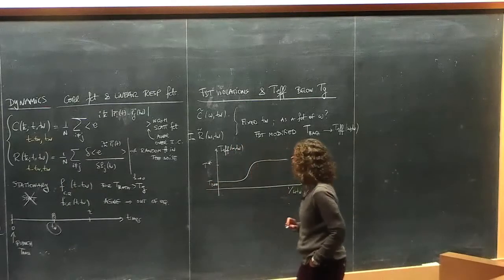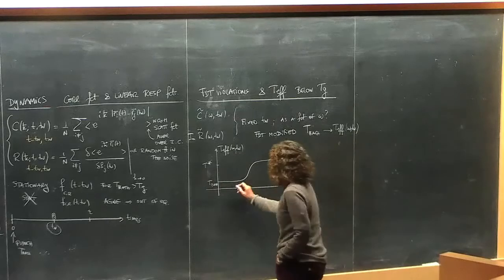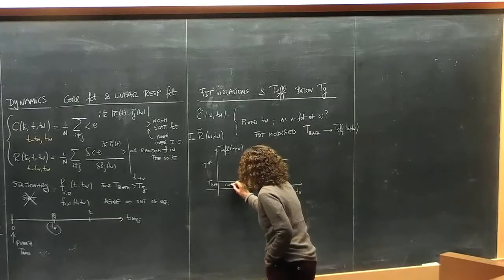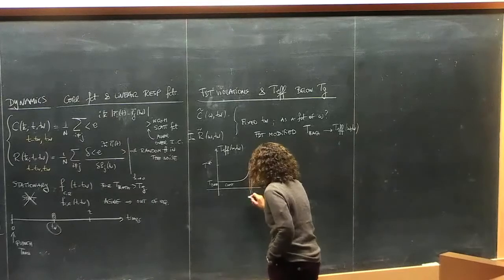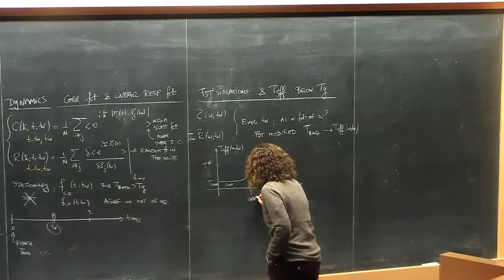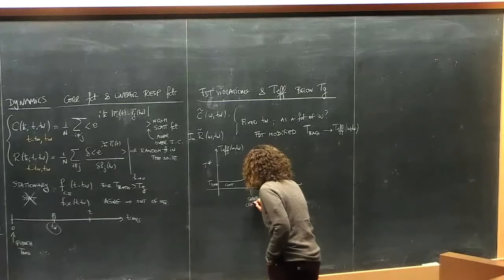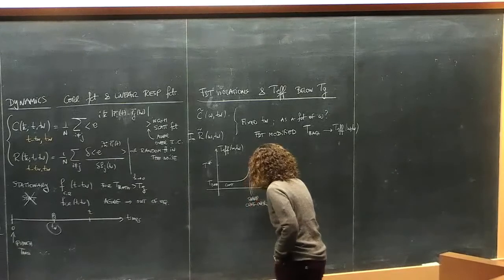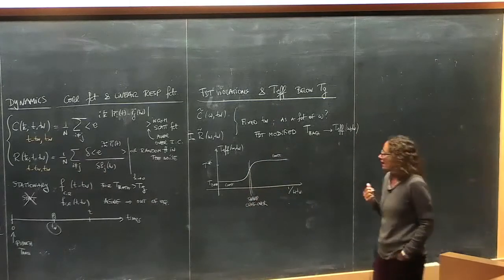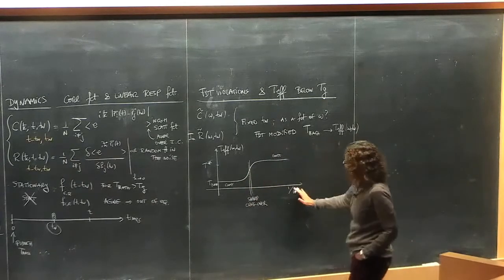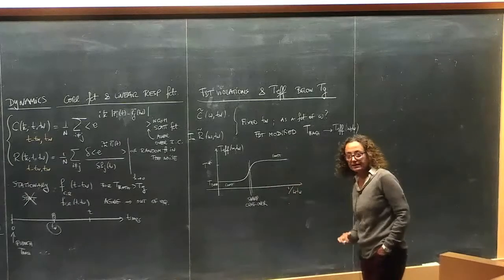So this one is higher than that. But there are two constants. Here it's constant, here it's constant, and there is a sharp crossover between these two values at a typical value of roughly the order of 1 of this thing.